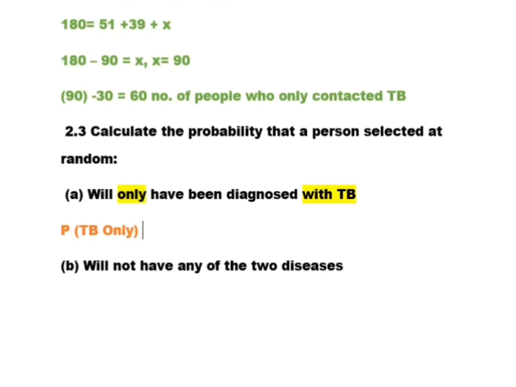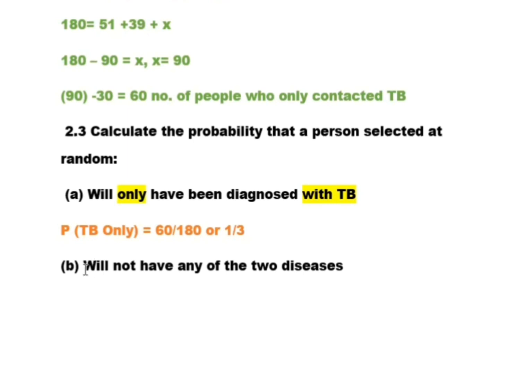There's only 60 out of 180 people who have TB. That's your probability. But you can simplify it. If you simplify it, 60 out of 180 is 1/3. That's the probability that a person is only diagnosed with TB.